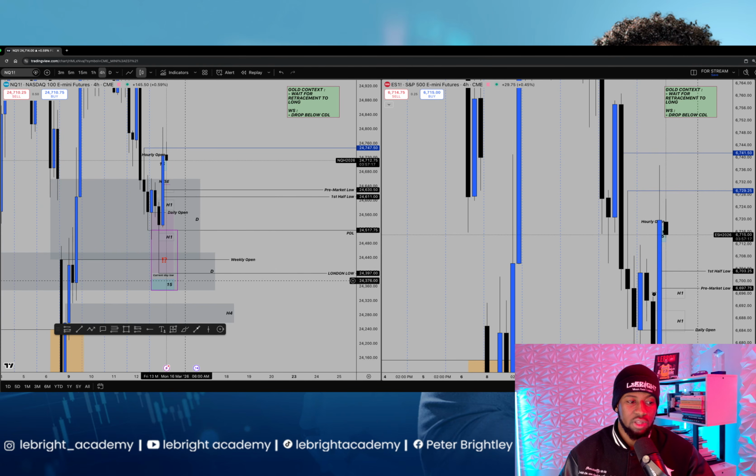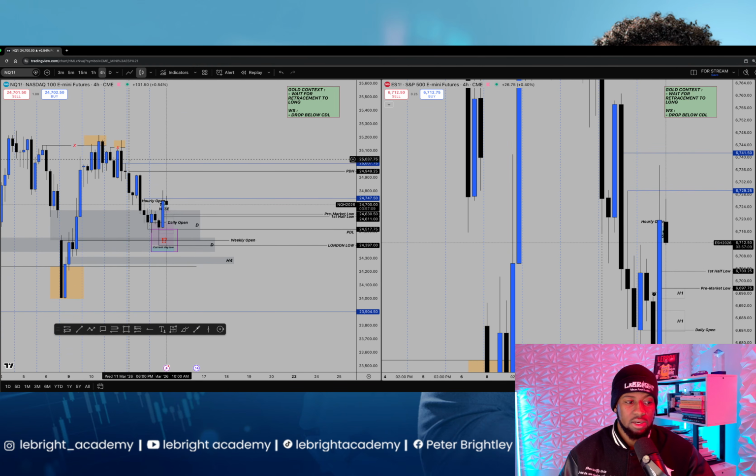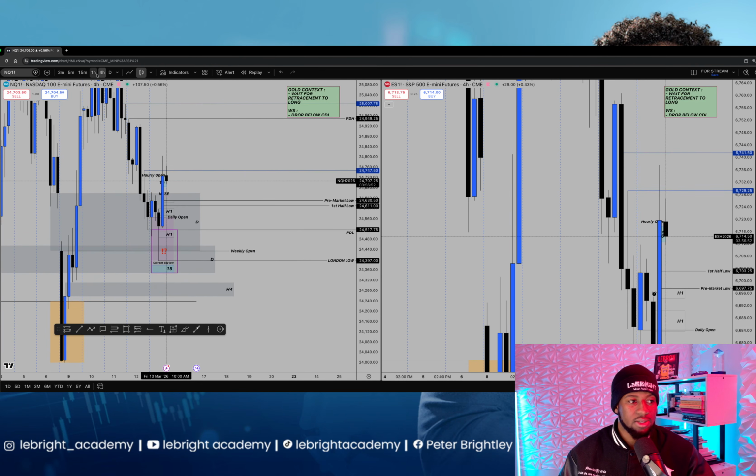The market might set a new low of day and then go higher, because overall, like I said on Sunday, Monday and yesterday, the weekly open, we dropped down to it again in a big retracement. So I still want to see a retracement.